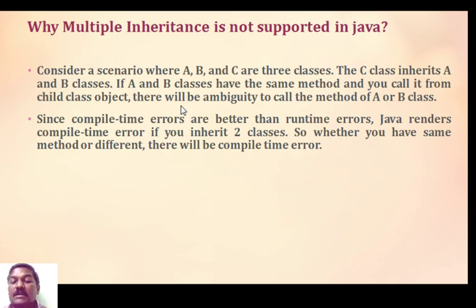Both classes have the same method, so the compiler will get confused about which method should be called. This is the main disadvantage of using multiple inheritance in Java.